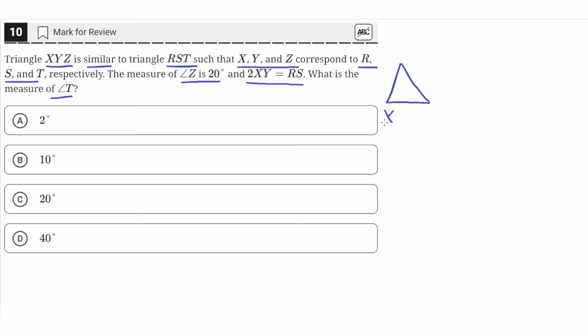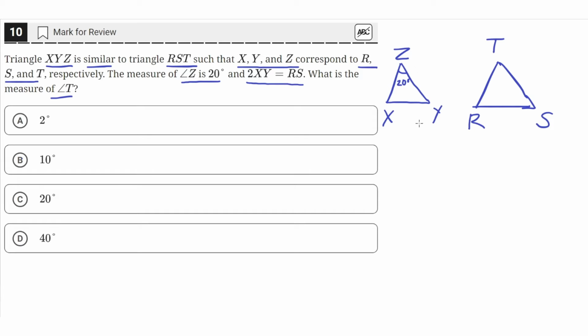So we have two triangles here that are similar. So triangle XYZ, and then triangle RST. And we are given that the measure of angle Z is 20 degrees, and that the length XY, 2 times that, is equal to RS.